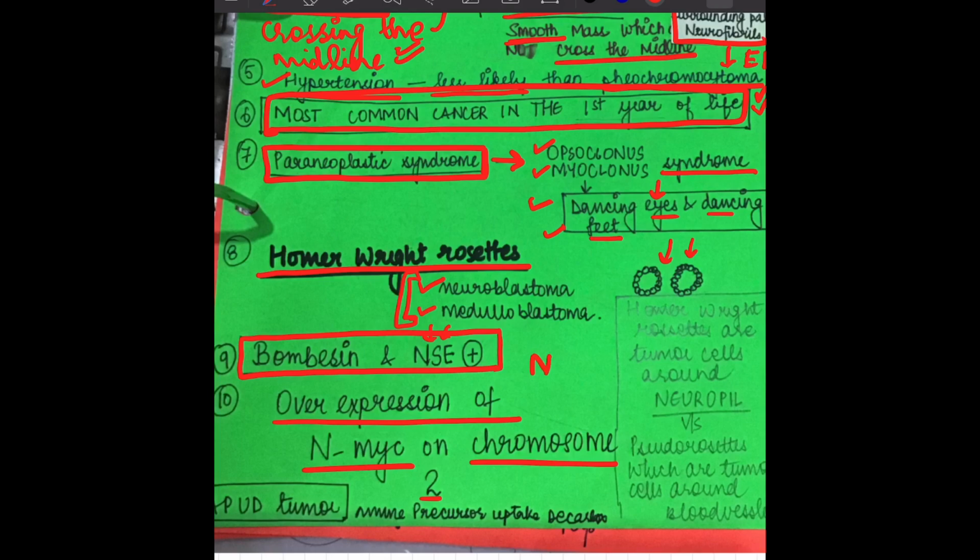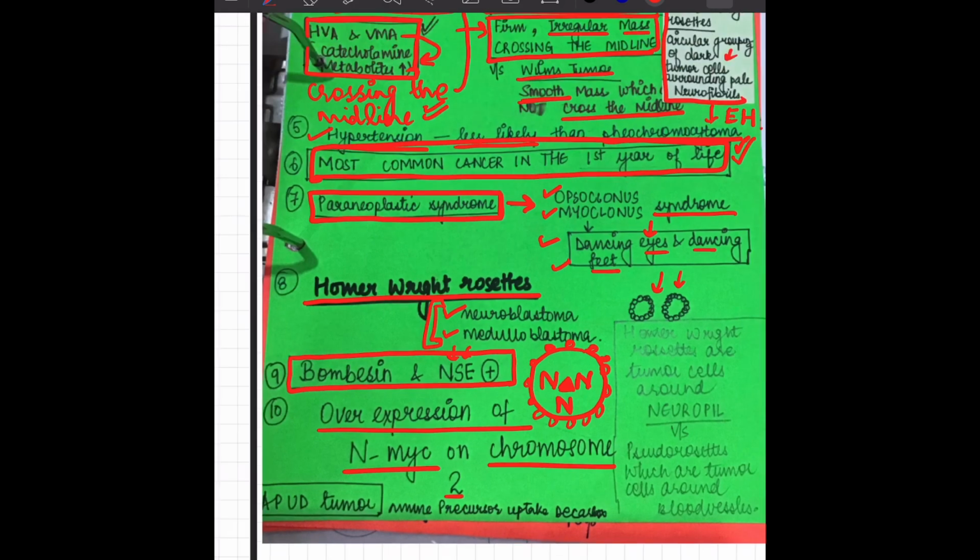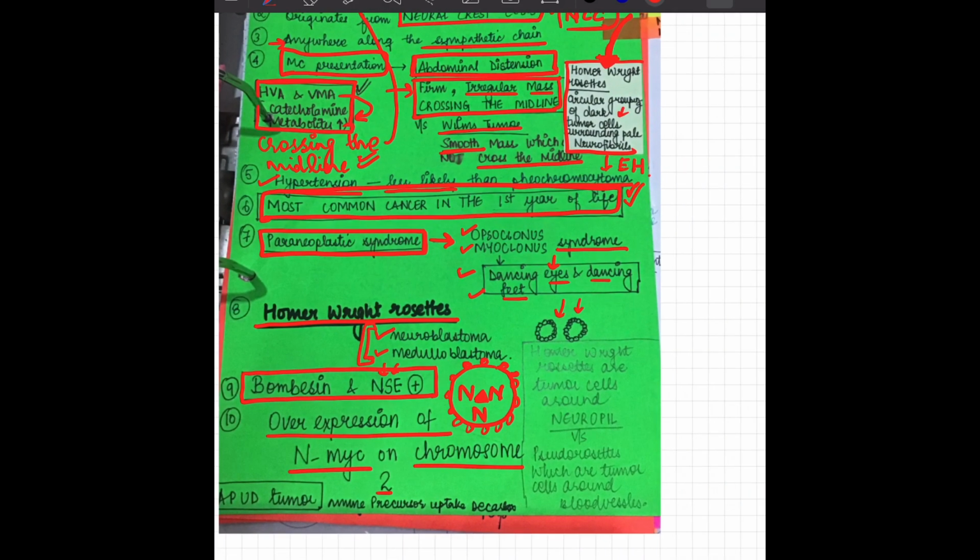N for neuroblastoma, then N for neural crest origin, then N for N-MYC. So you have to remember the 3 N's of neuroblastoma, and you can draw it like this to remember it as Homer-Wright rosettes. This is how you should remember it, and you can draw 2 like this within the circle.